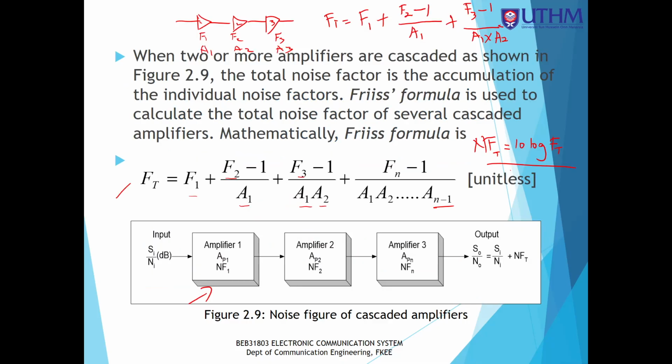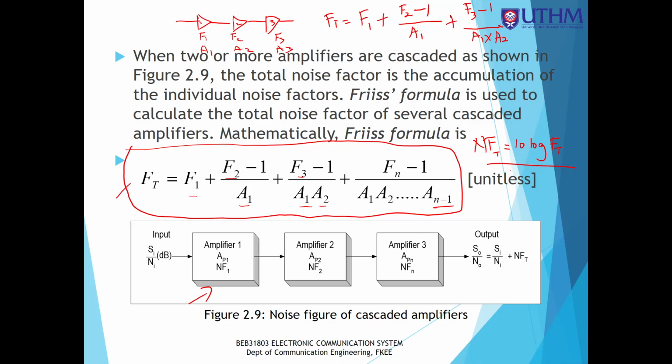Remember, all values inside this formula must be in terms of unitless. Don't put decibel parameter inside the Friis equation. Be careful. Pastikan semua parameter di dalam Friis equation ini is in terms of unitless.